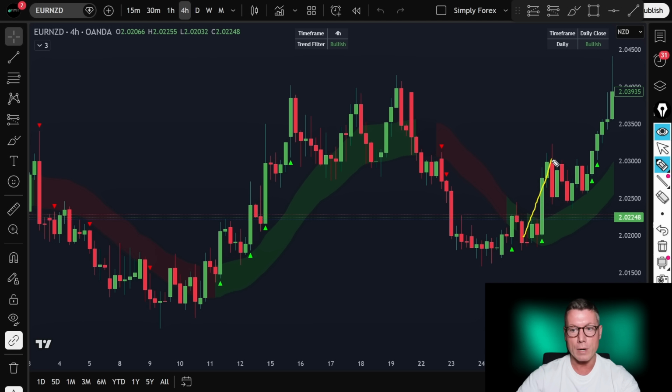Okay, we get the break, we get the pullback to the river, a nice bullish candle, and we can start buying from here as well. So as you can see, guys, in this small piece of chart, we have had some great trades following H4 and daily trend, and it clearly pinpoints where you need to enter as well.